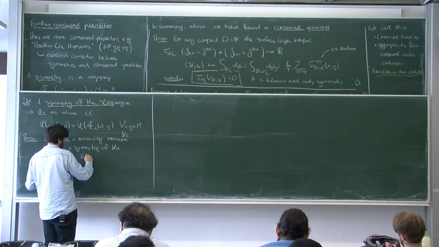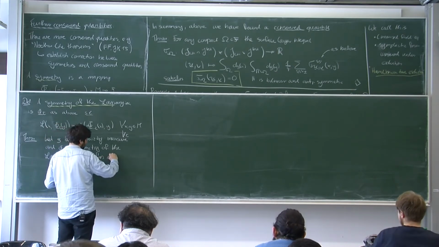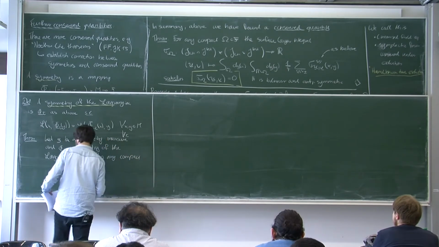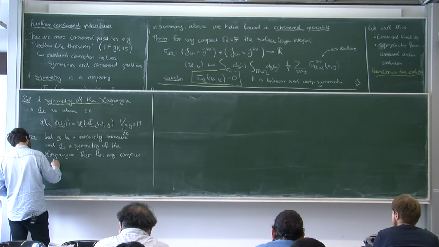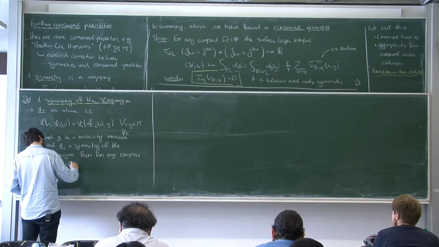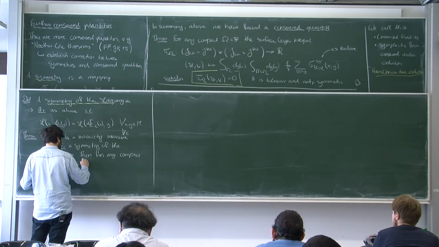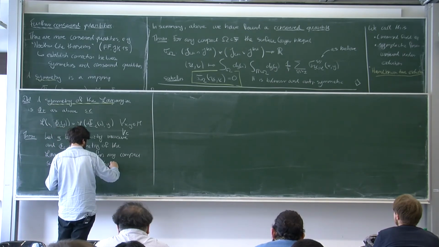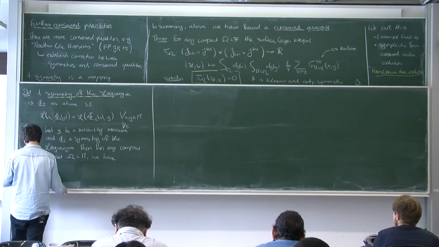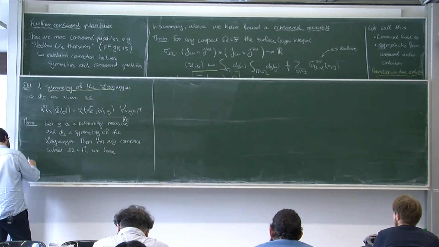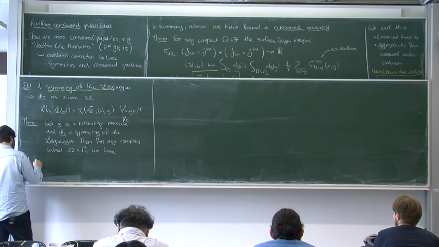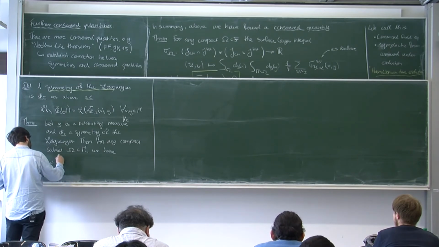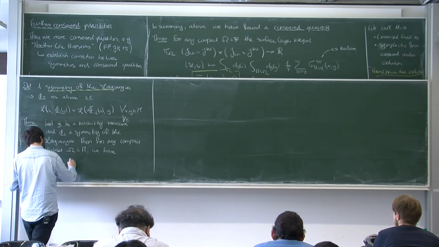Then for any compact subset omega of M or F, it doesn't really matter, we have the following quantity vanishes. This is the derivative with respect to tau of the integration with respect to omega, d rho of x, with respect to M without omega, d rho of y.